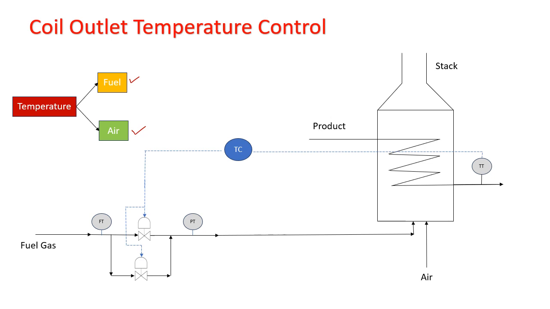So the temperature of the coil outlet can be controlled in two ways: by controlling the amount of fuel that is going into the burner, and the amount of air that is going into the burner. Again, air composition also matters for this temperature.